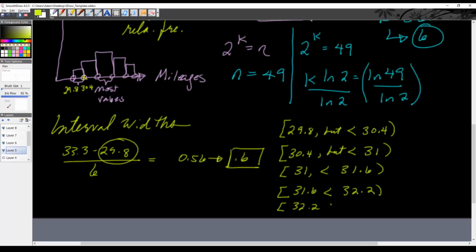And 32.2 but less than 32.8. And then finally the last interval is 32.8 but less than 33.3. So these are the bin widths, and I can see what the frequency is.